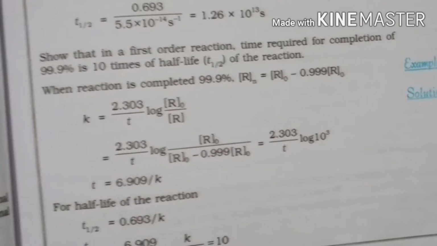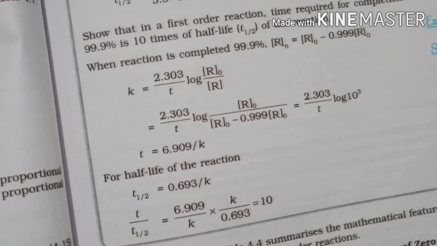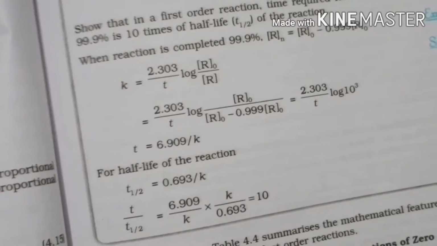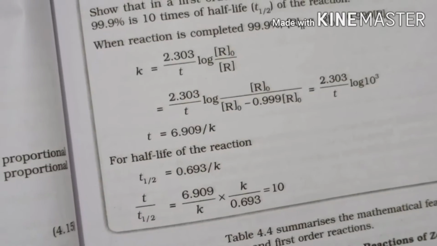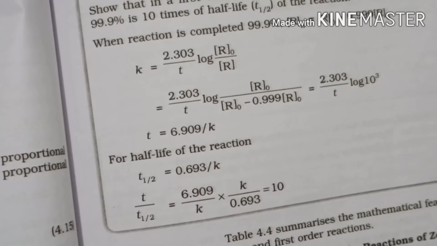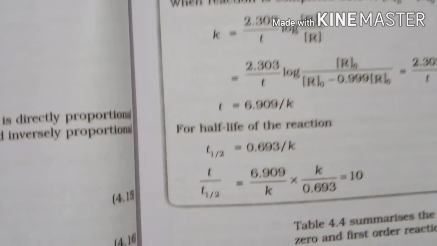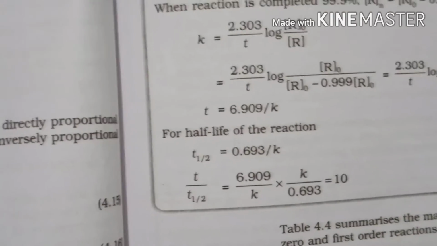So log 10 to the power 3 means 3. So this again we can write as T equal to 6.909 by K. Now we need to find out T half. As it is a first order reaction, T half equal to 0.693 by K.